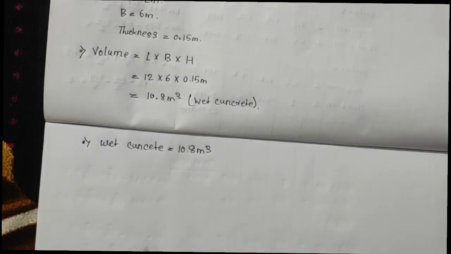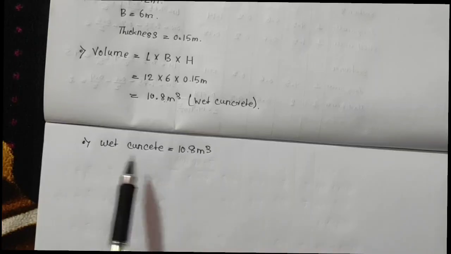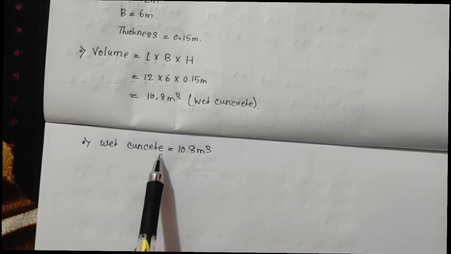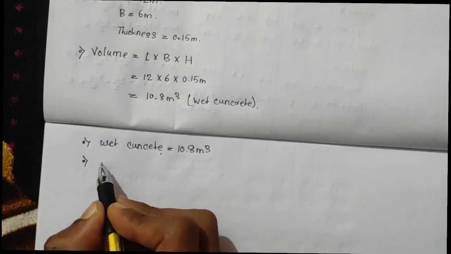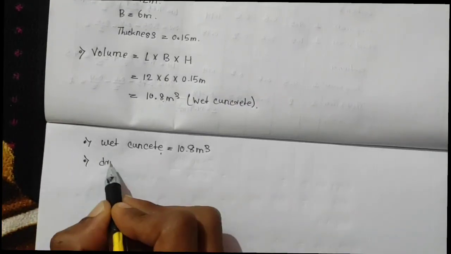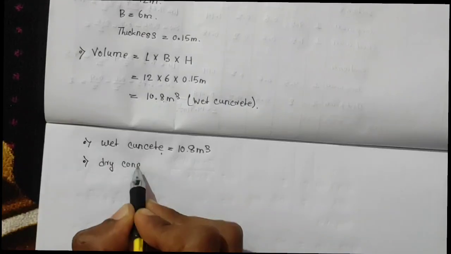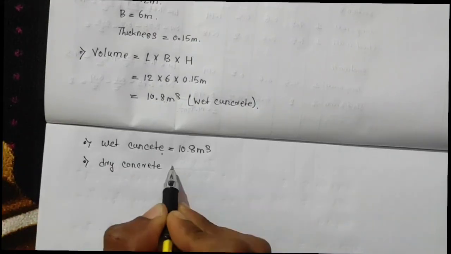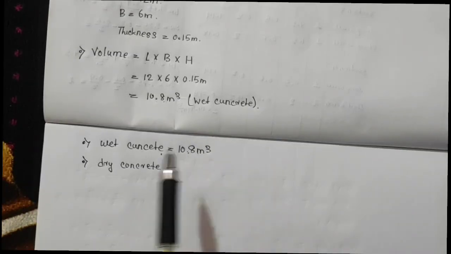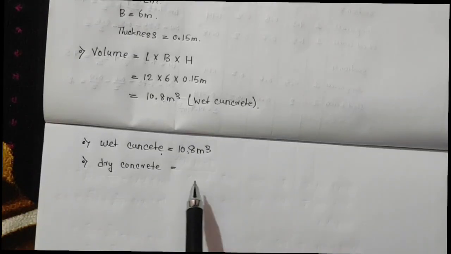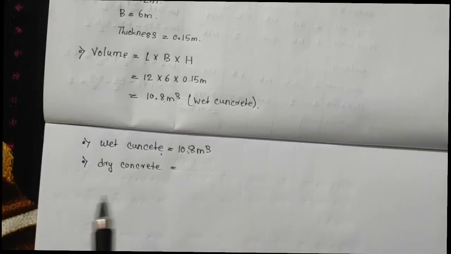Now we have to convert this wet concrete into dry concrete. Dry concrete is equal to, we multiply 10.8 into 1.54 to convert wet concrete into dry concrete.